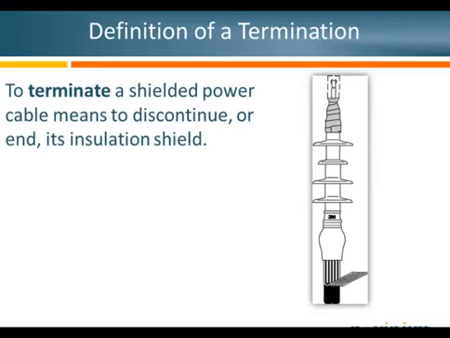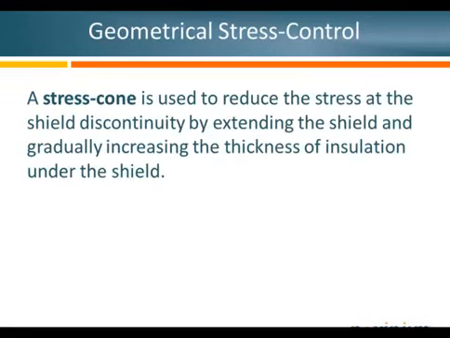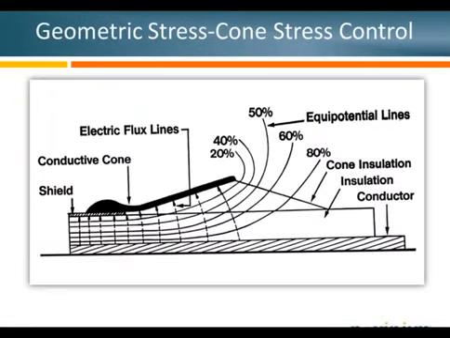So it ends the insulation shield or stops it, and that basically terminates the shield on the power cable. As we saw from the previous slide, when you terminate that insulation shield, your stress concentration is very high at that shield. So one way of controlling that is with a geometric stress cone. And I'm going to use the picture because it's easier to explain how that works.